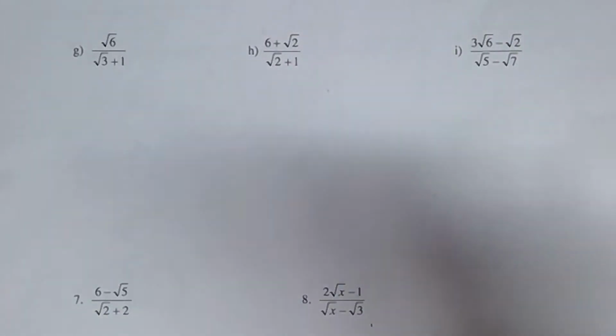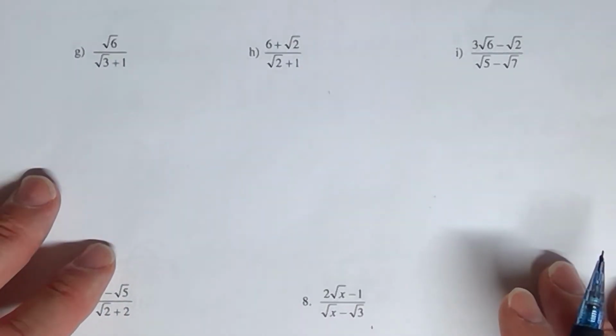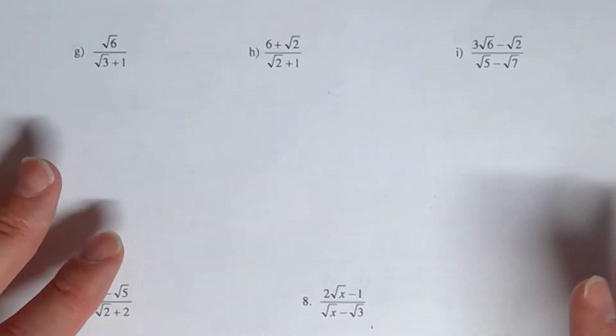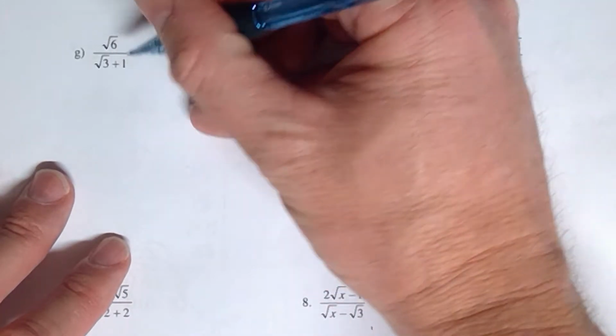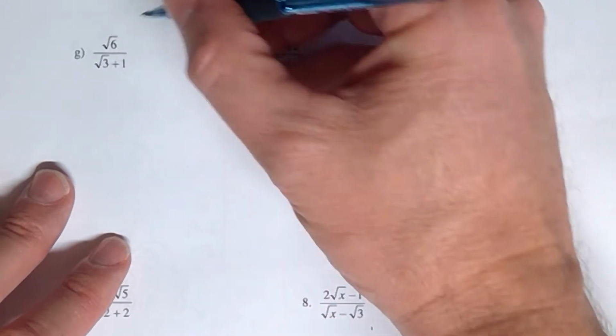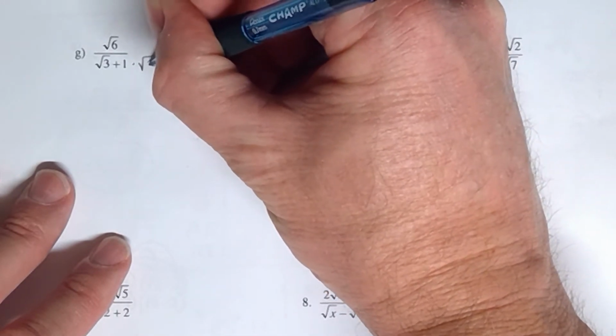Do not write down what I'm about to write down, because I'm eventually going to erase it due to the fact that it's not going to work. But just to show you that this is not going to work, because I know some of you might be thinking this, you look at the square root of 3 and you think, oh, hey, let's multiply that by the square root of 3.